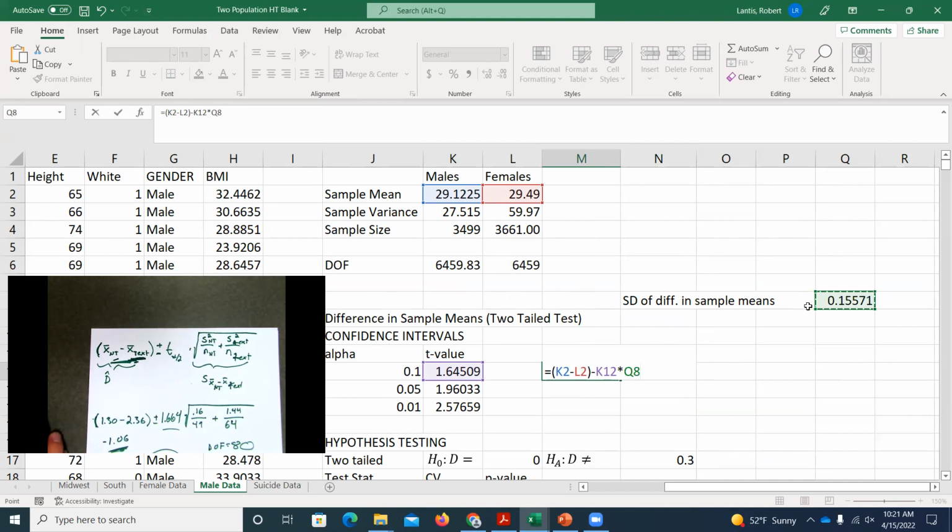So the sample difference, subtract the number of standard deviations I want to go, or my t-value, multiplied by that standard deviation for the difference in my sample means, which we had calculated in a separate cell up here.